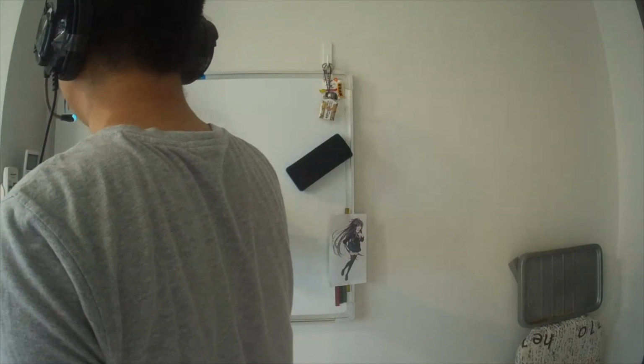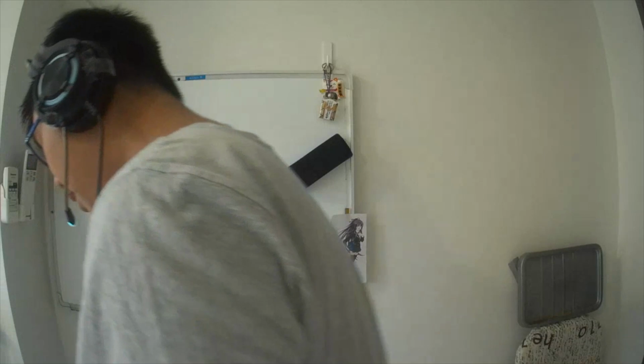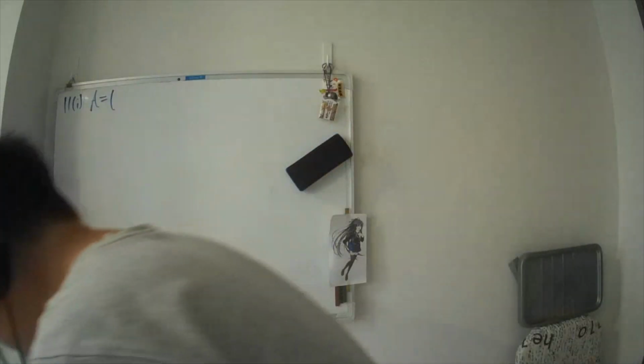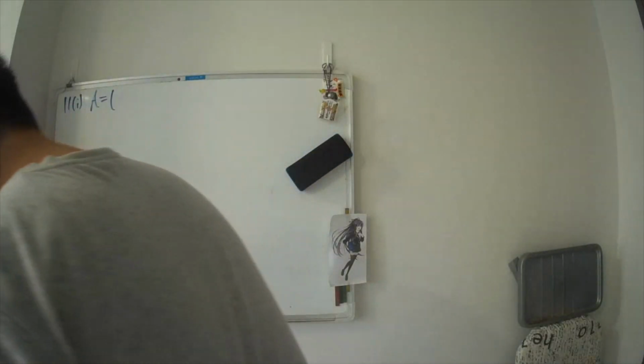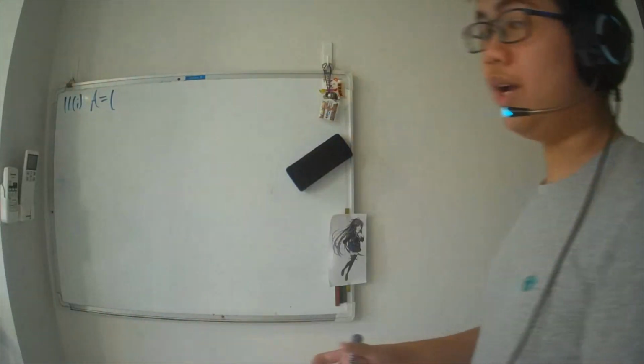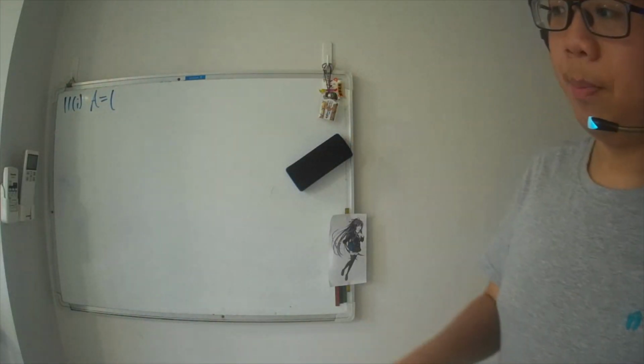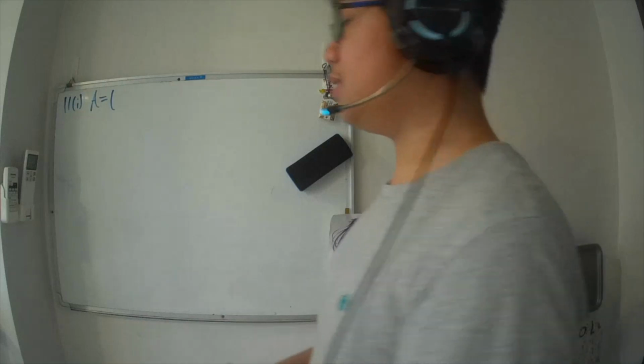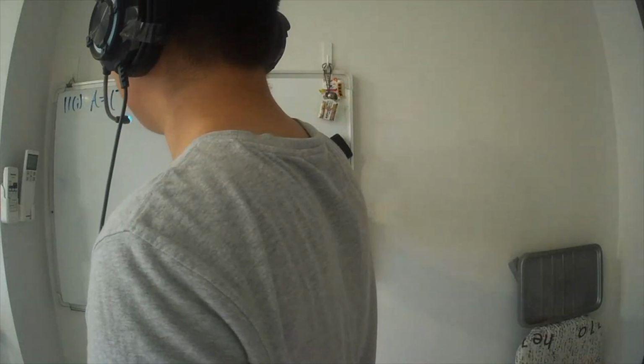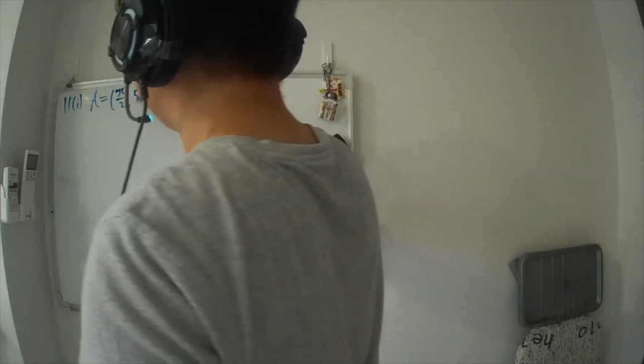A and B are points on the graph of y equals 2 plus 3 sine x, right? So those are the maximum and minimum points. The maximum is at π over 2, and then 2 plus 3 sine x will be 5.